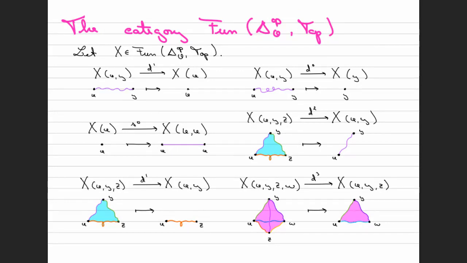Ah, this is wrong. This map should be called d2, actually, because we are deleting the second vertex to get the back face. So apologies for that. It should land in x, y, w.